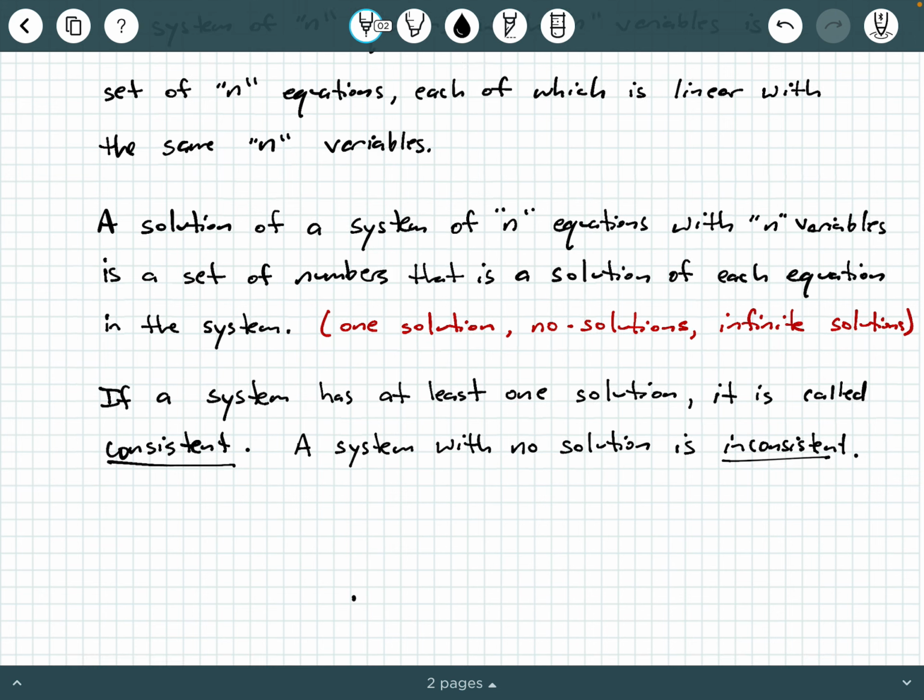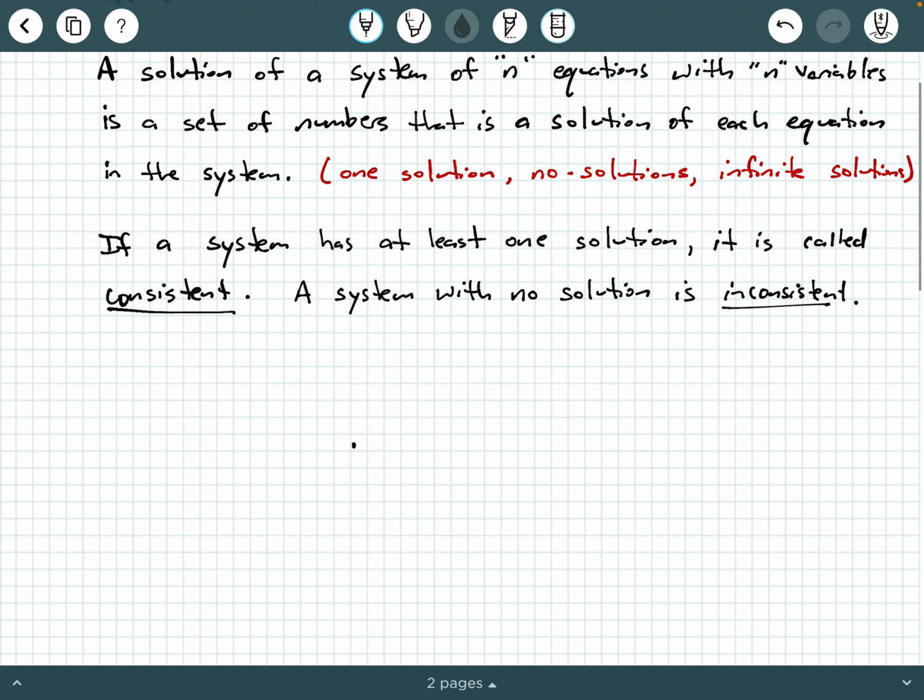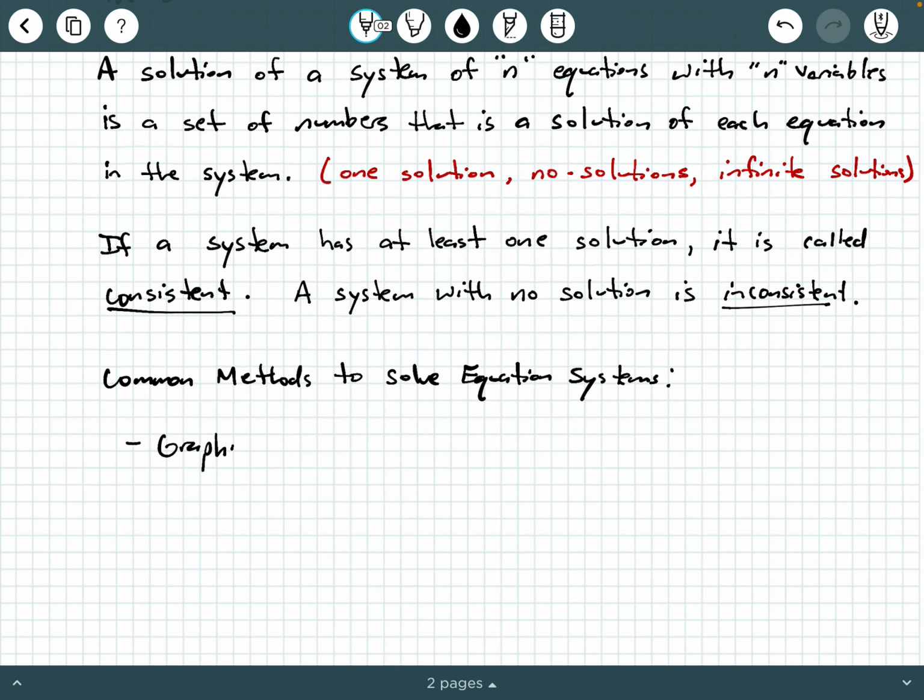So, we can list them out. We can say common methods to solve equation systems.